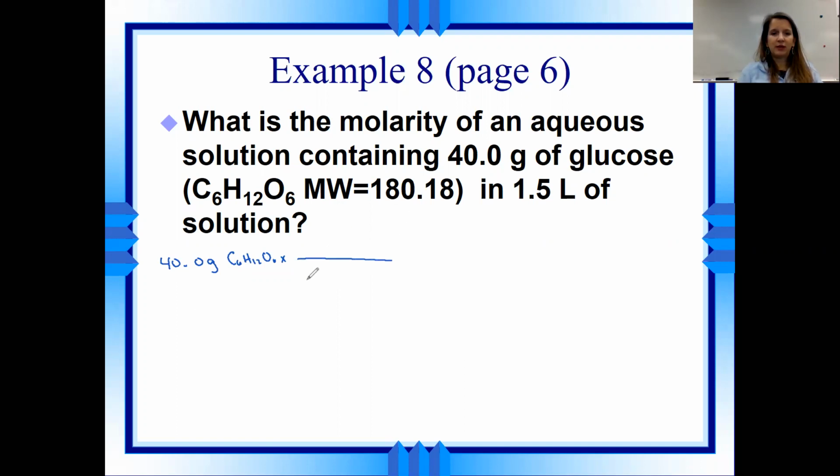We give you the molecular mass here, so 180.18 grams of glucose, and that's equal to 1 mole. And then we can go ahead and solve. So I've got 40 divided by 180.18. So that's going to be 0.222.